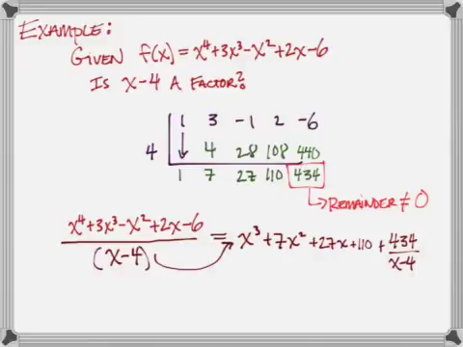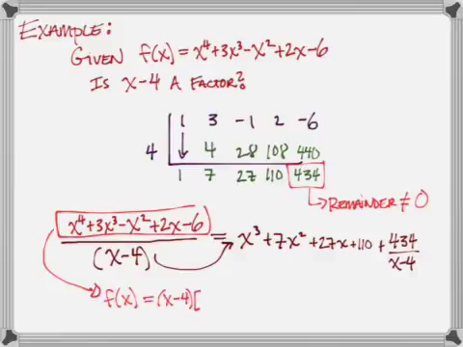If I multiply everything by x minus 4, I get this. And I should have another bracket. So we can see I pulled it out, but it's not a factor because I still have this remainder here.